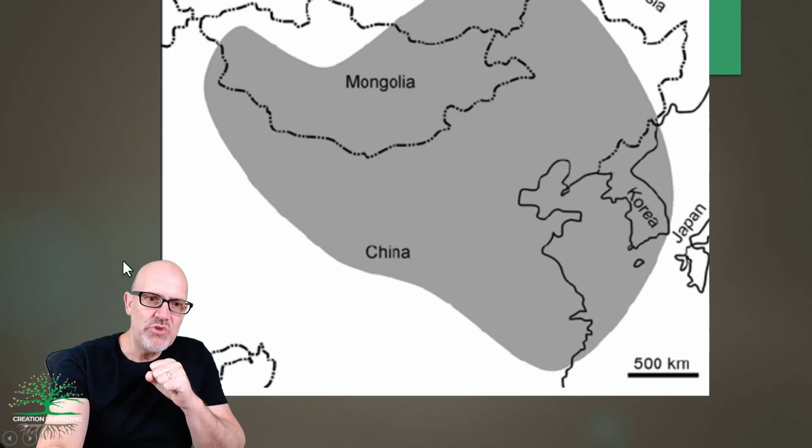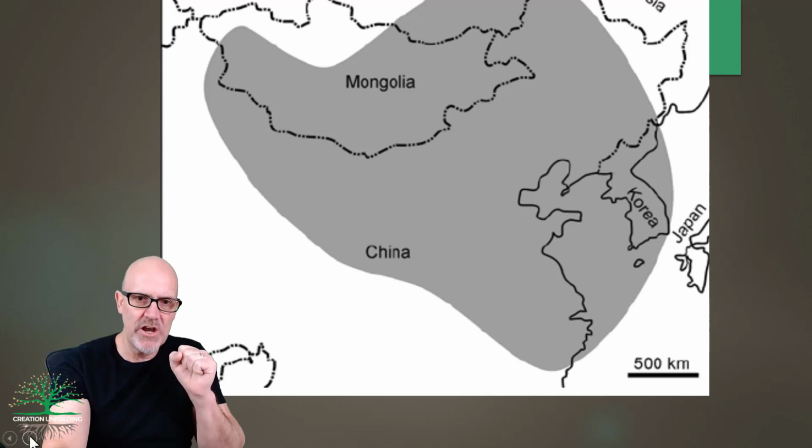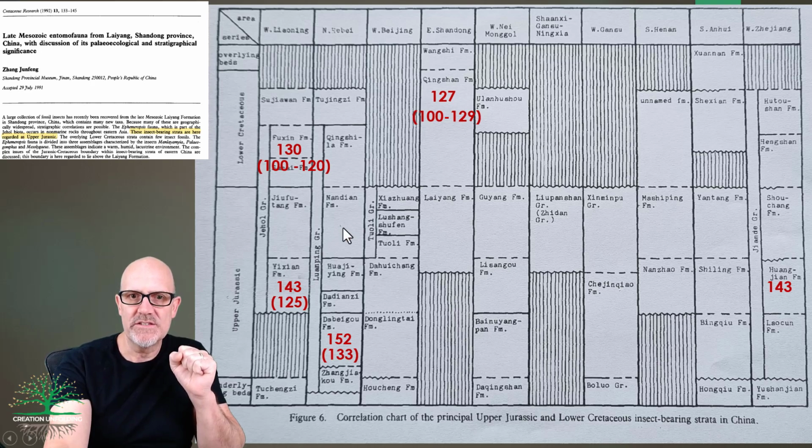So that means what you end up with, if you want to correlate the formations right across China, is something like this. So here's the Yixian Formation, and that would be in Liaoning. But then as you travel, for example, this one's going further north and slightly east, you end up with these other formations which correlate to this one, but they have different names.